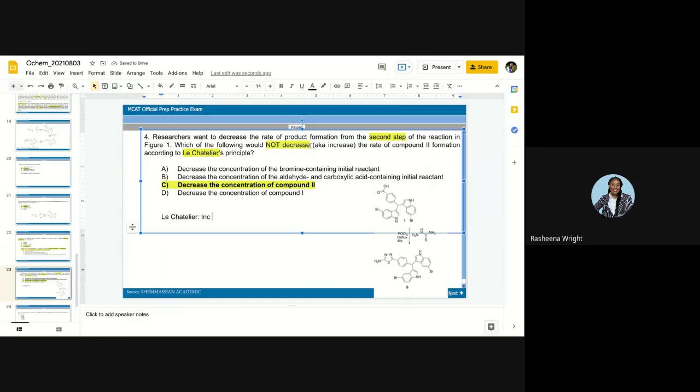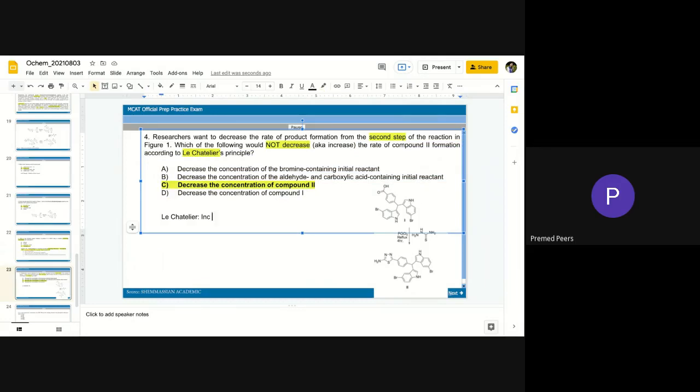Wait, I'm a little confused about this question and just the wording. It is tricky. They always try to trick you. When they say not decrease, it means increase. Then I just grab onto whatever increases.